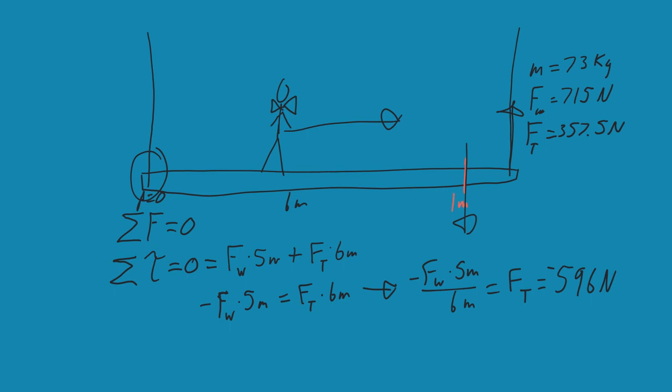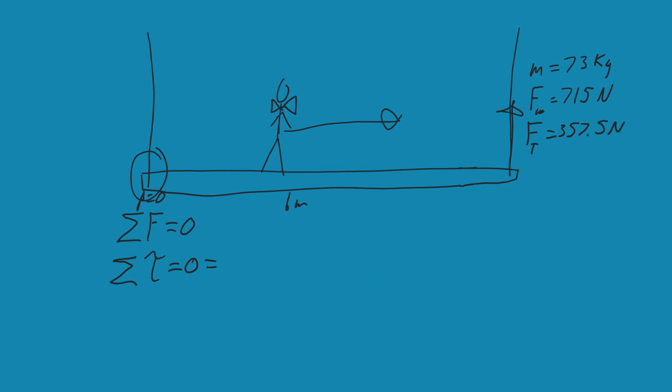So let's find the extreme case here. Let's place myself all the way over on this side, right? So I am all the way at 6 meters. So now it's going to be my force of weight times 6 plus the force of tension times 6 as well.